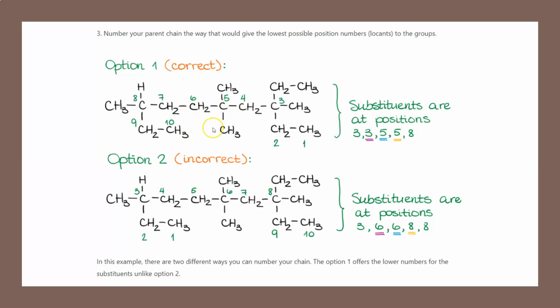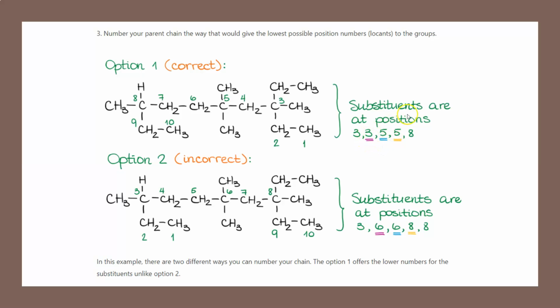You begin numbering the atoms of carbon so that the numbers of the substituents are as low as possible.